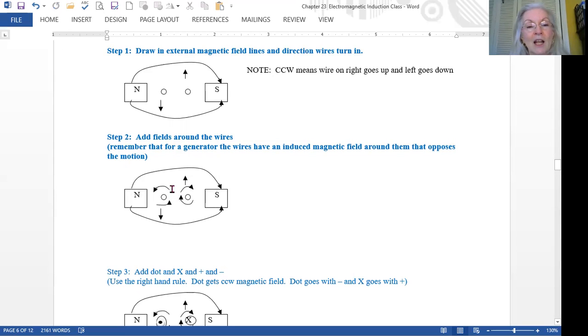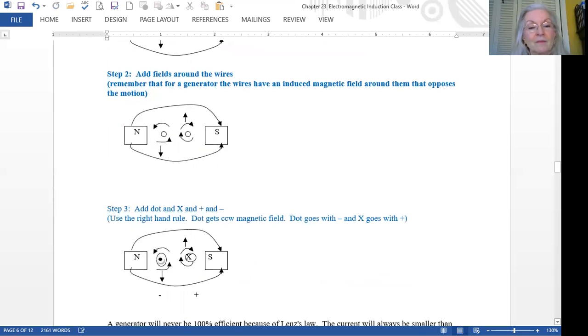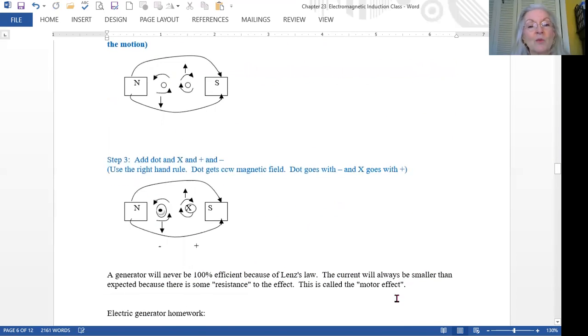If you look at it, if your thumb is pointing at you, your fingers across the top would curl to the left, and that means this one, the wire on the left-hand side, is going to get the dot. If it gets the dot, the wire on the right-hand side gets the X. Once you pick out which one gets the dot and which one gets the X, the plus goes with the X, the minus goes with the dot, and then we're done.